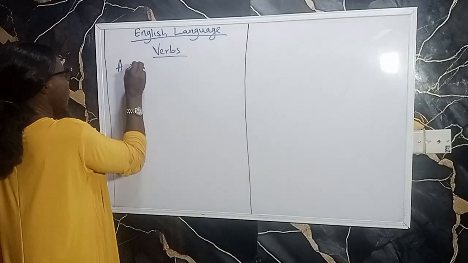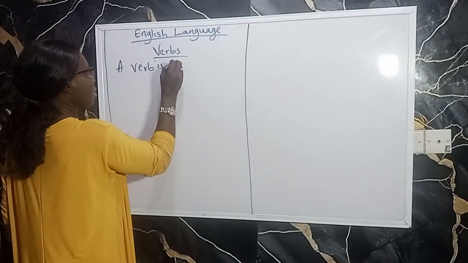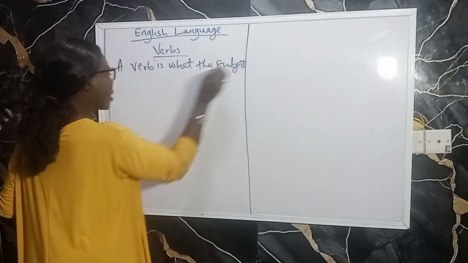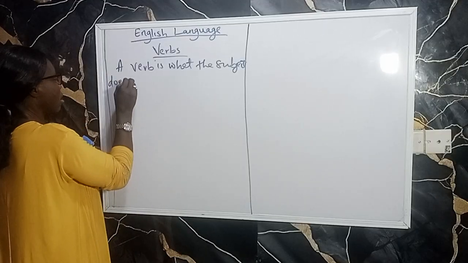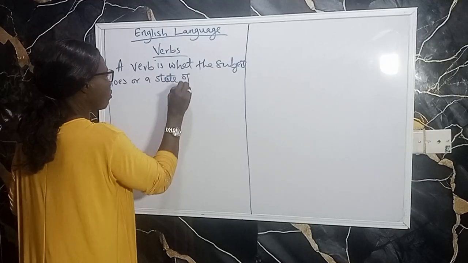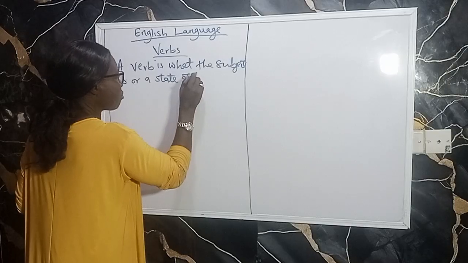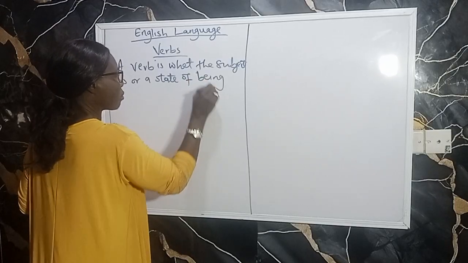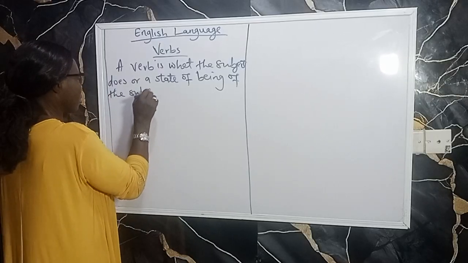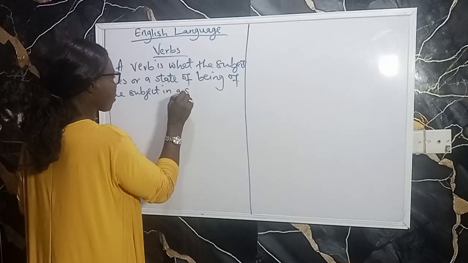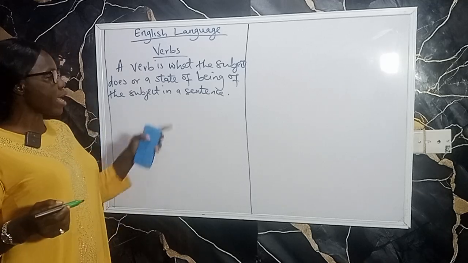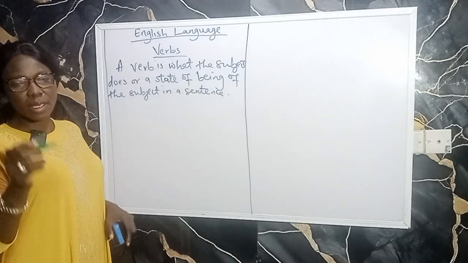A verb is what the subject does or a state of being of the subject in a sentence.